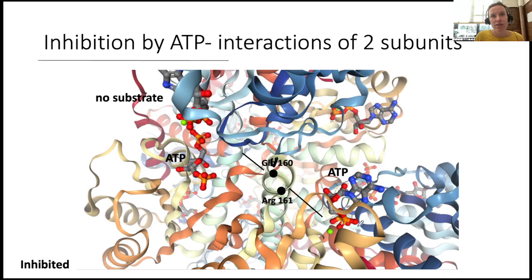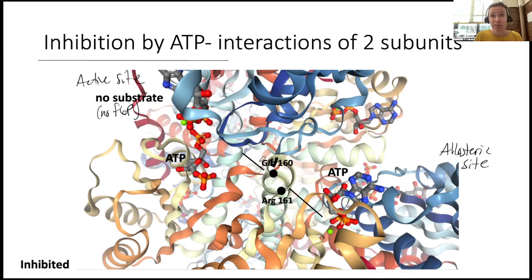In the allosteric site, we have ATP bound. In the active site, we also have ATP bound, but no fructose 6-phosphate. You'll see this glutamate is sticking into the active site.